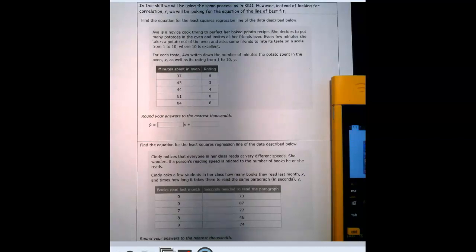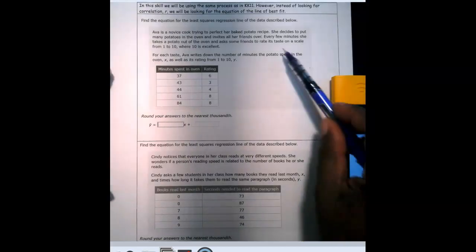Every few minutes, she takes a potato out of the oven and asks some friends to rate its taste on a scale from 1 to 10, where 10 is excellent. For each taste, Ava writes down the number of minutes the potato spent in the oven, which is X, or our input, our domain, as well as its rating from 1 to 10, Y.